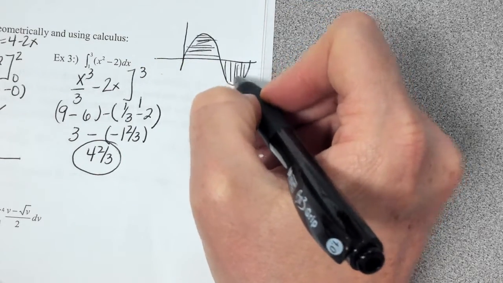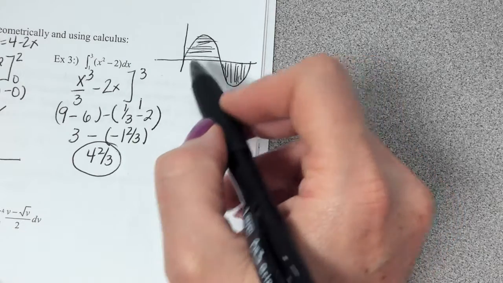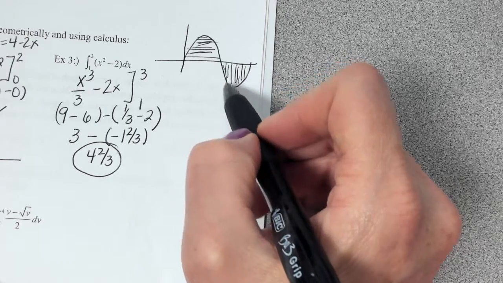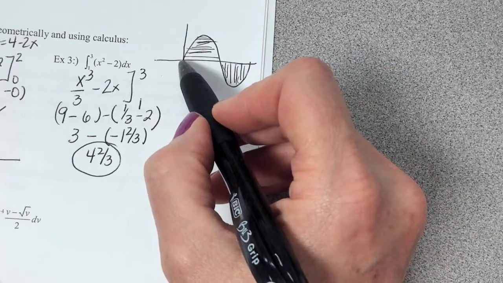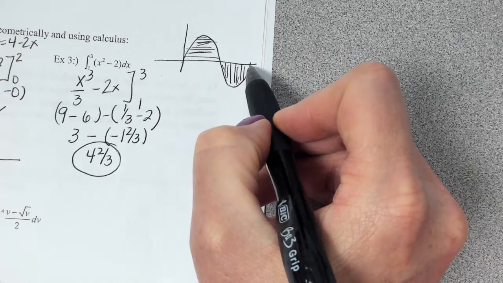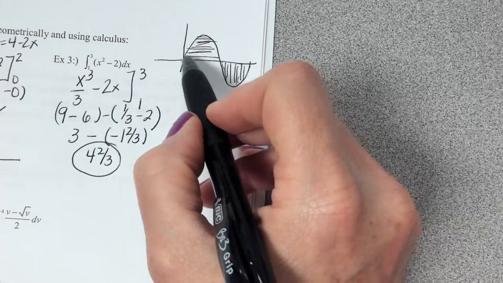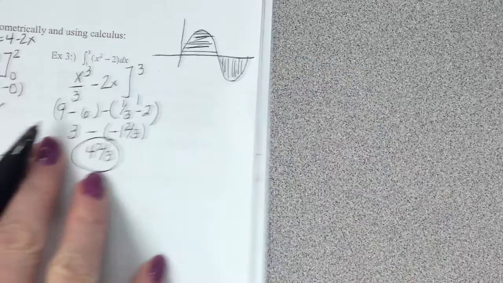This would be called a negative area because it's below the x-axis. What would be the net result then if we have this area is positive and this area is negative? What would actually be the total area then from here to here? 0, if it's symmetric about that point. So that's an important thing to remember. Positives above the x-axis, negatives below.